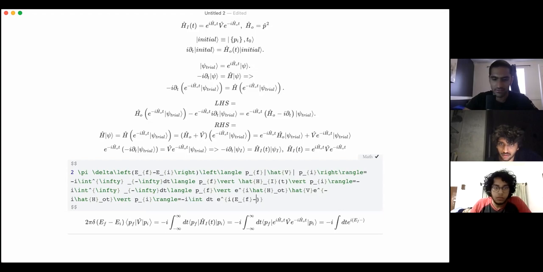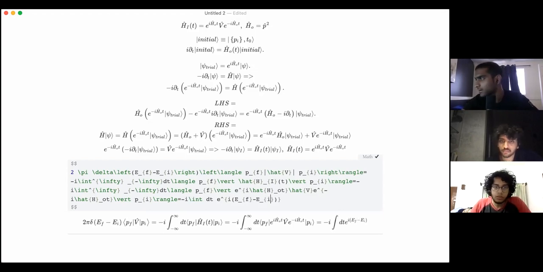Exactly, it's like the Fourier transform of one. I don't know if there's a minus or a plus here. P_i comes with a minus, and P_f comes with a plus.